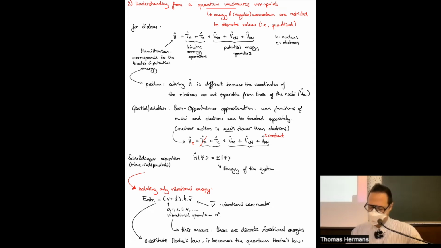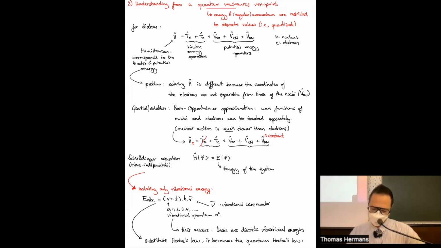So that's the Hamiltonian like this is energy like this. Okay, where E is the energy of the system.